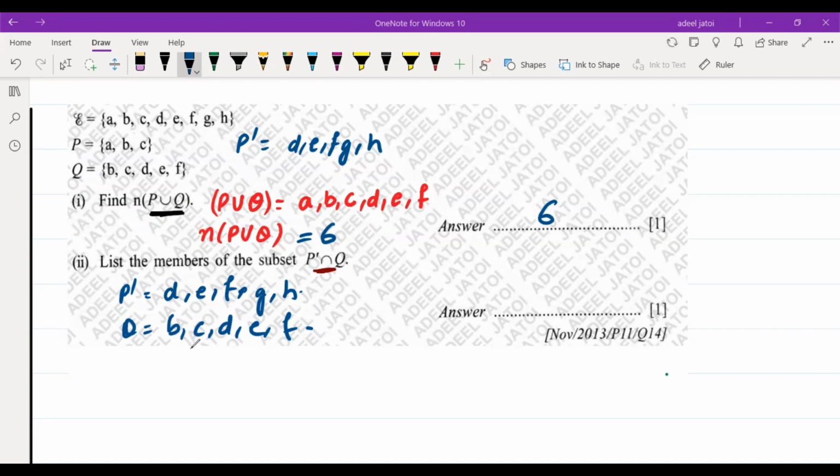So the common between the two, we can see D and E are common, and we can also see F. So Q has F, and P complement has F as well. So what do we write down? We need to write down the members. So D, E and F are the members of the P complement intersection Q.